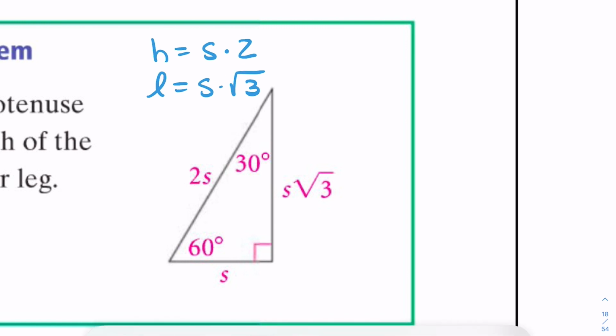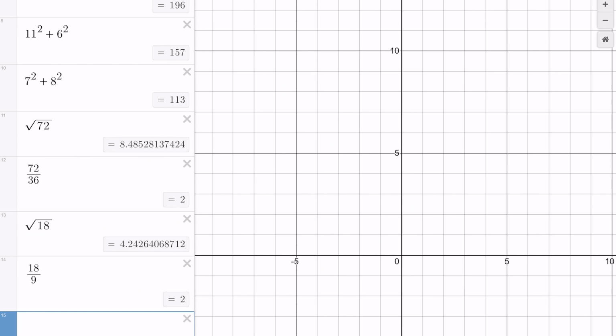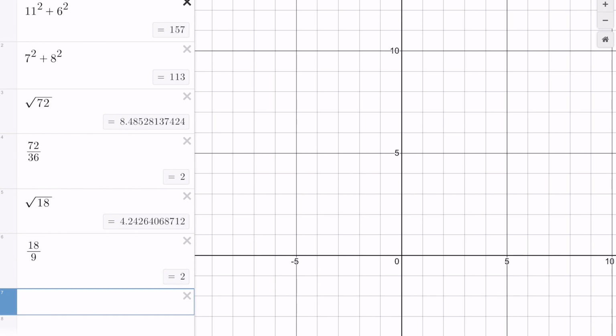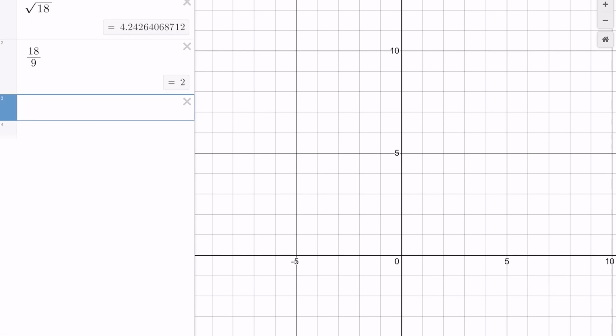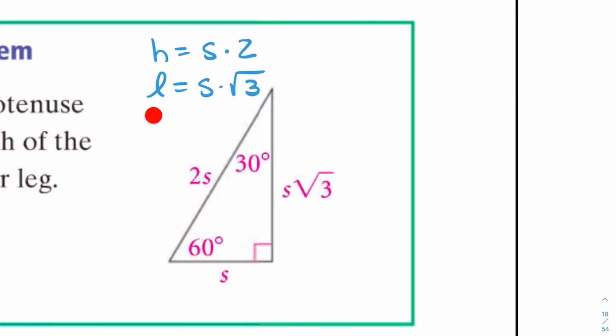Now notice the square root of 3 is about 1.7. So the long leg is about 1.7 times greater than the short leg, where if we double it, we get the hypotenuse. So these are our two equations.